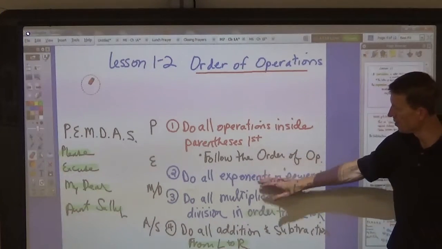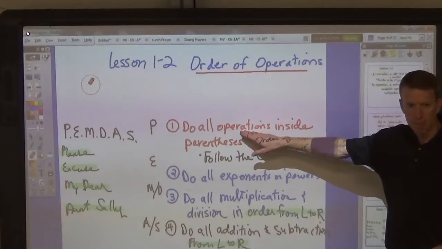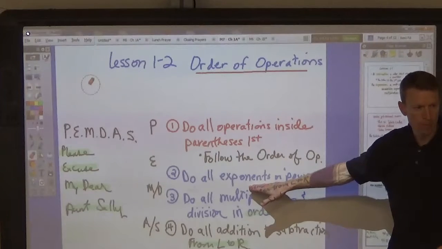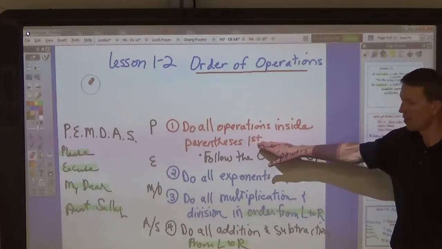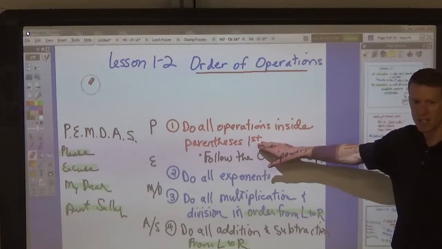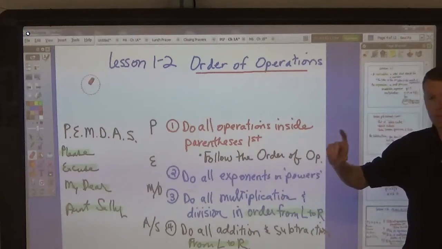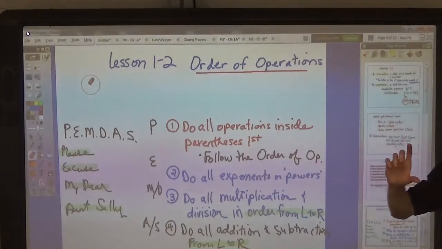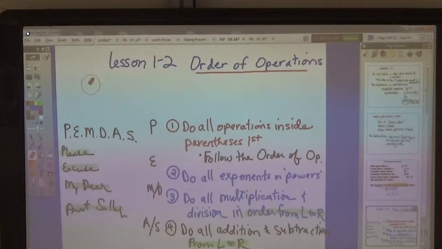These are the rules. And you have to complete a step before going on to the next step. So you have to do all operations in parentheses first and simplify in those parentheses. Inside the parentheses, when you're working inside the parentheses, you must also follow the order of operations.